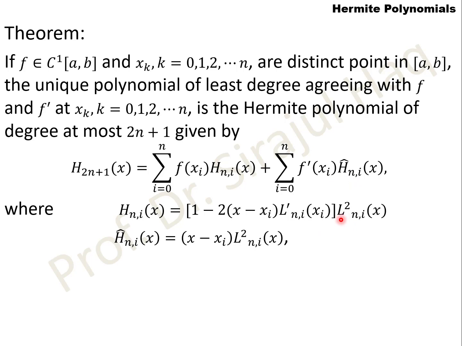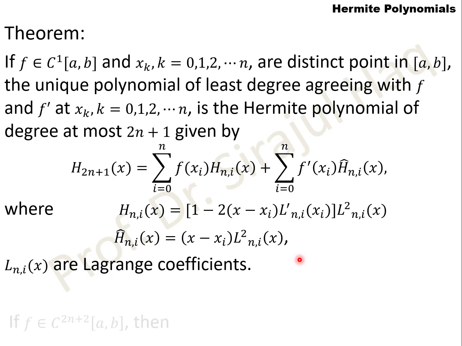What is L? L_{n,i}, these are the Lagrange coefficients which you are using in Lagrange polynomials, and L_{n,i} prime, these are the derivatives of the Lagrange coefficients. Here also we are just using Lagrange coefficients. So L_{n,i} of x, these are Lagrange coefficients.